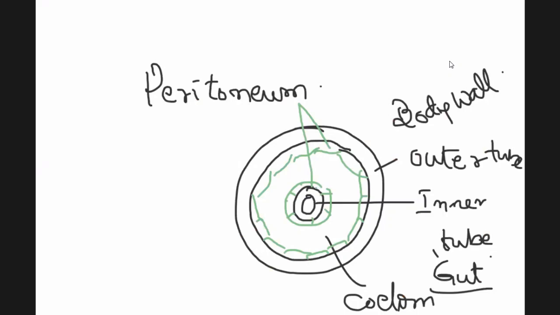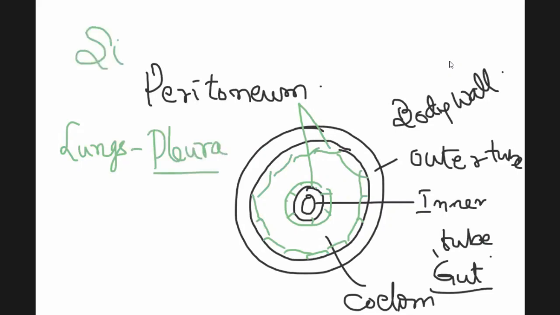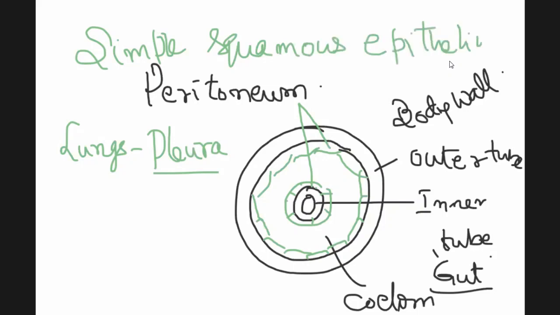Then what is the peritoneum covering lungs? Pleura. Very good. It also has simple squamous epithelium. So whatever coelomic cavities are there, they are lined by this peritoneum.